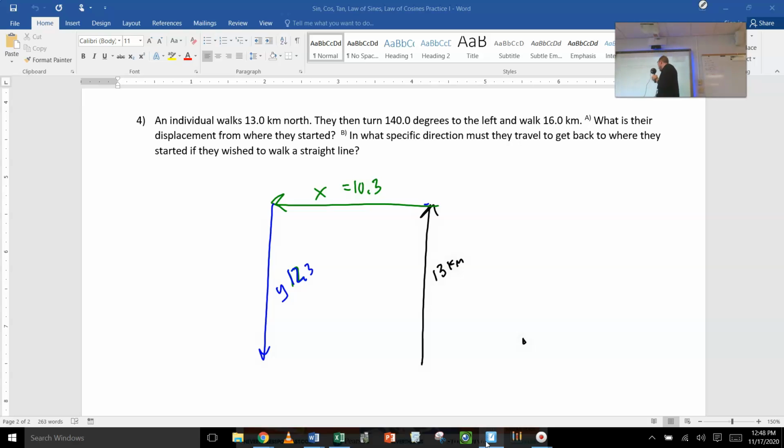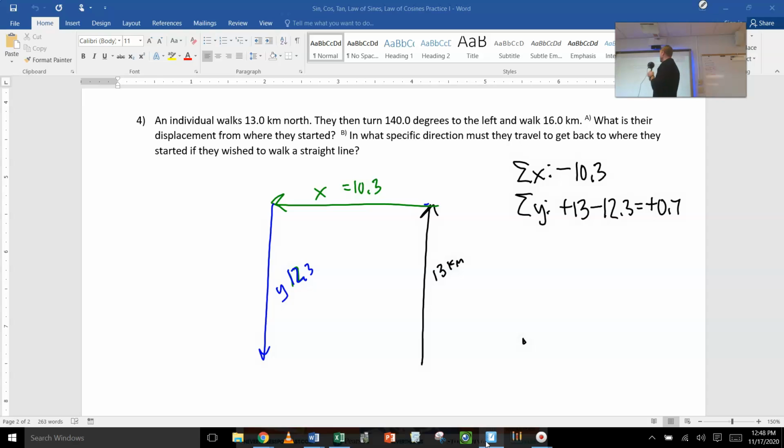Now, I'm going to add up all the things in the x direction. There's only one thing in the x direction, and it's negative 10.3. I'm going to add up all the things in the y direction. There are two. I have a positive 13, up 13, and then a negative 12.3. That is equal to a positive 0.7.